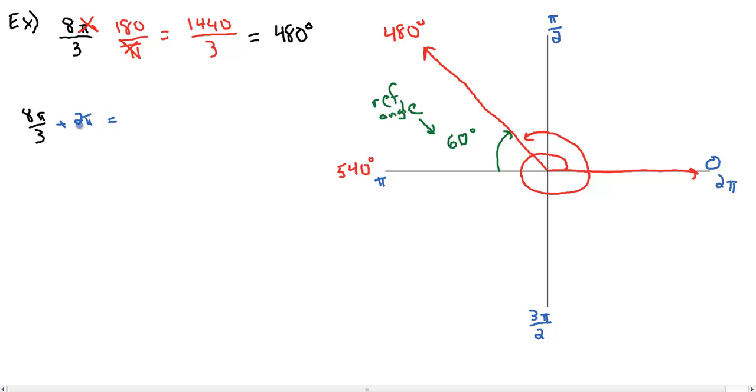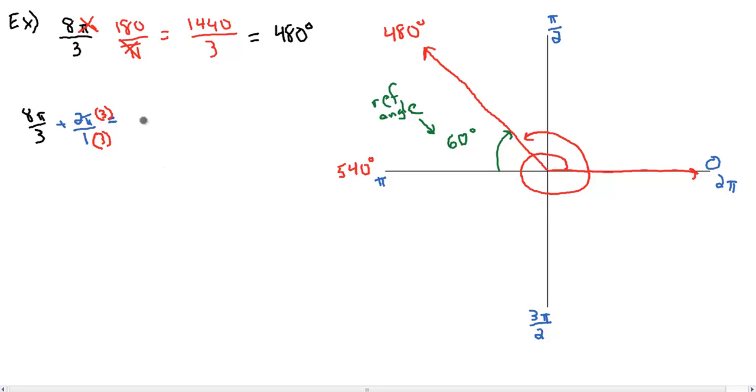Now, because these have different denominators, this has the denominator 1 and this one has a denominator 3, we have to find the common denominator there before we move on. So we would multiply this bottom by 3, which means we also have to multiply the top by 3.